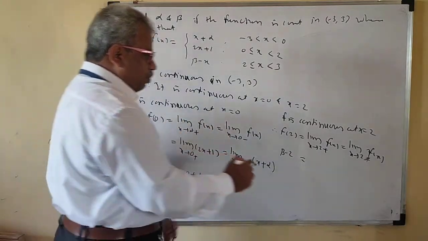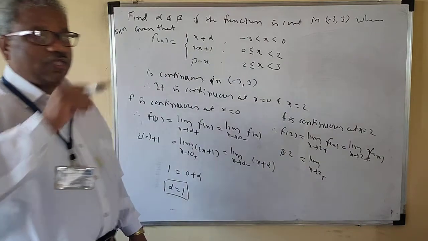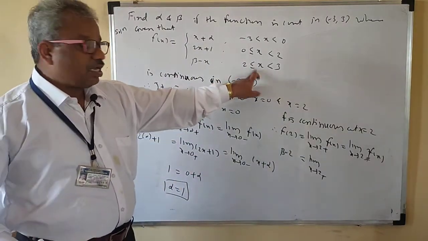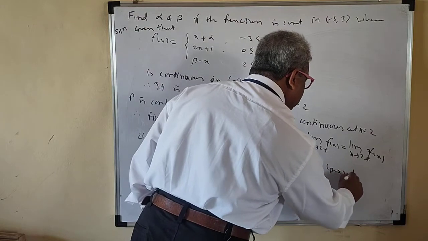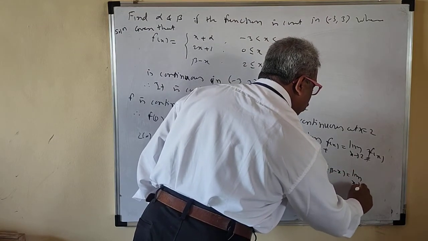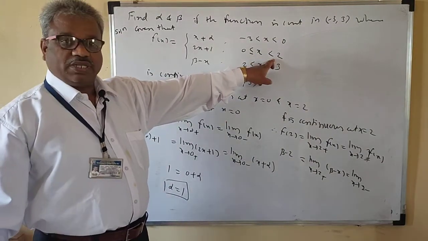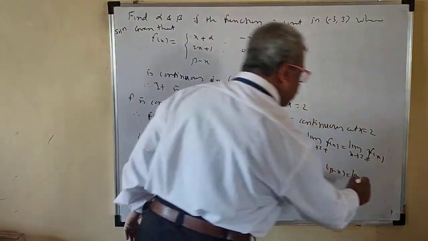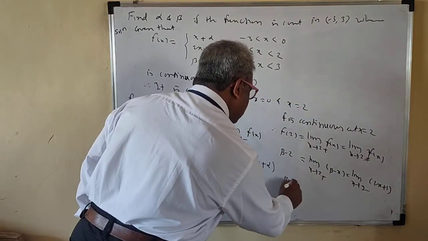Now we put the function first. Limit x tends to 2 plus means x is greater than 2, your function is beta minus x. Limit x tends to 2 minus means x less than 2, your function is twice x plus 1. Now this is beta minus 2.